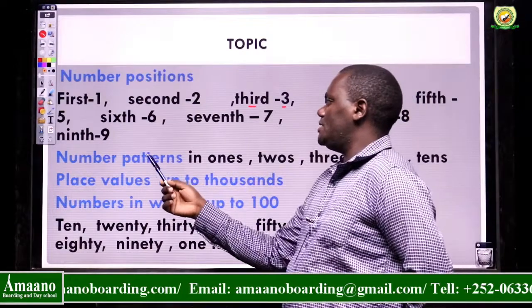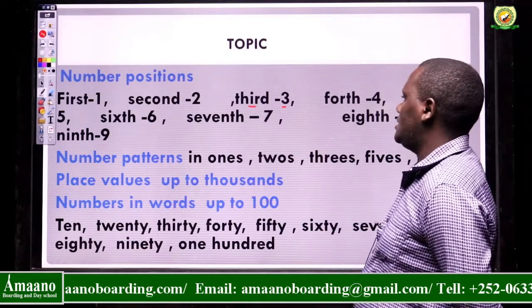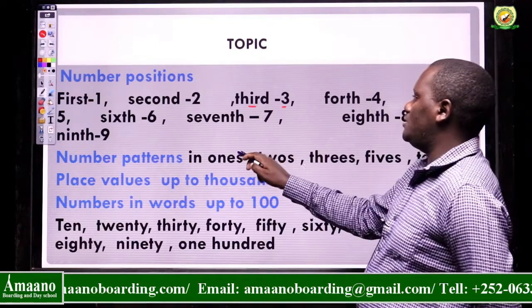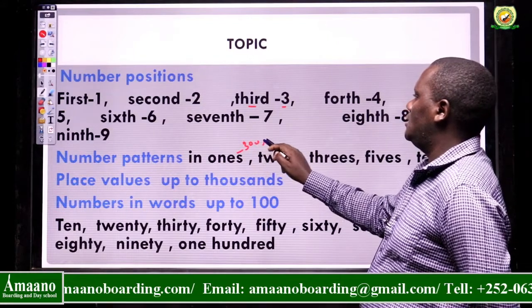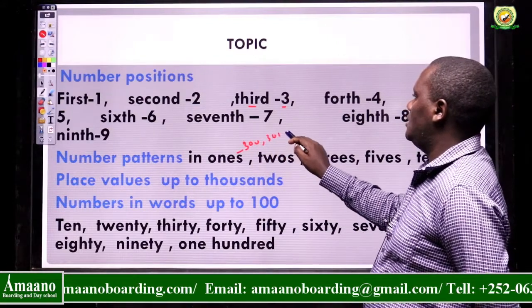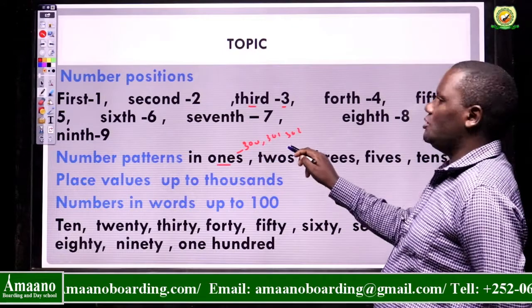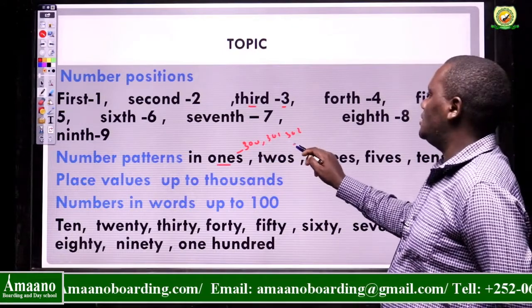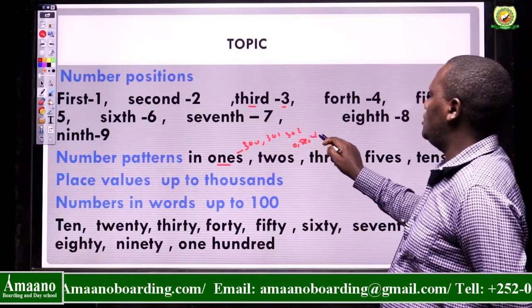Also, we shall be testing on the number patterns. That is like the patterns in ones, twos, like 300, 301, 302. That is in ones. In twos, it's 0, 2, 4, 6.